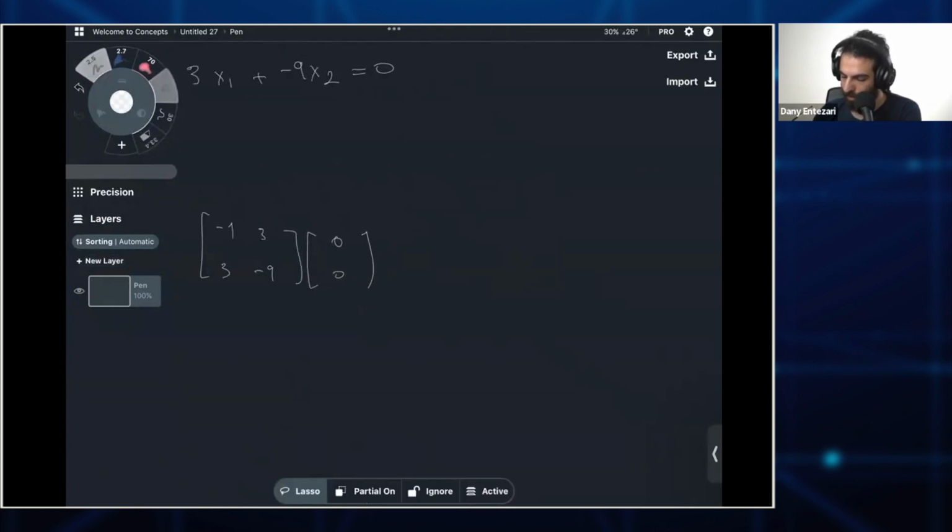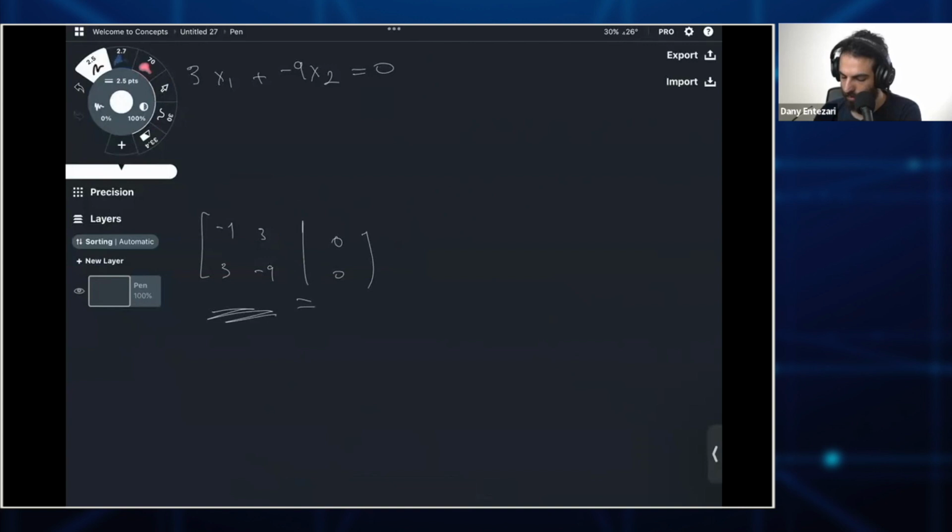When you augment a matrix, what you do is you bring these two matrices together and then you separate them by some vertical line. This vertical line means there's an equation. So everything to the right side is an equation, and everything to the left side are the variables.